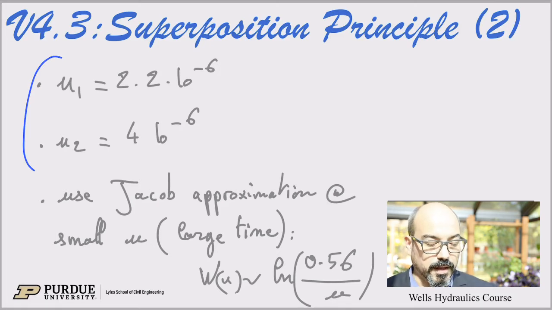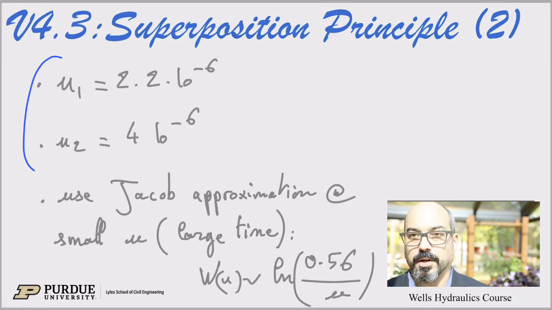Now, at 200 days we can use the Jacob approximation, or the long time approximation, of the Wells function. Of course, you could also just use the Wells function and find the tabulated value, or use some numerical method to calculate W of u, knowing u.